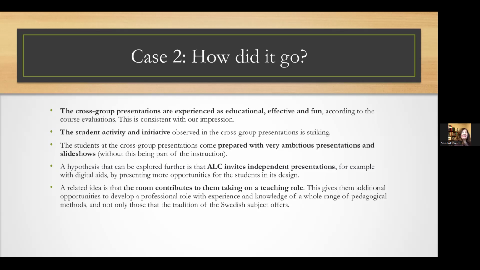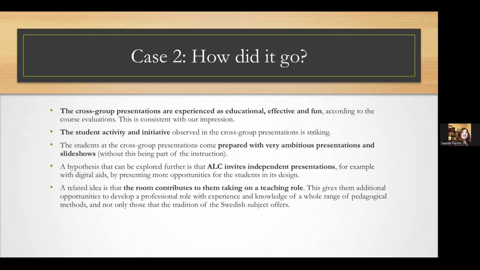A hypothesis that can be explored further is that ALC invites independent presentations, for example, with digital aids, by presenting more opportunities for the students in its design.